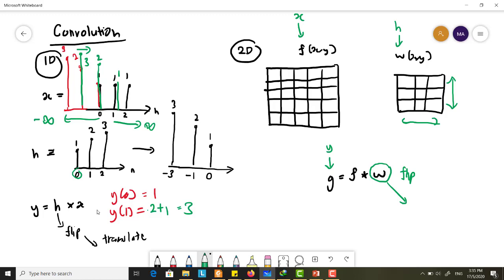Let's say these are my values A, B, C, D. If I flip one time with respect to the horizontal axis x here, then my signal will look like this.